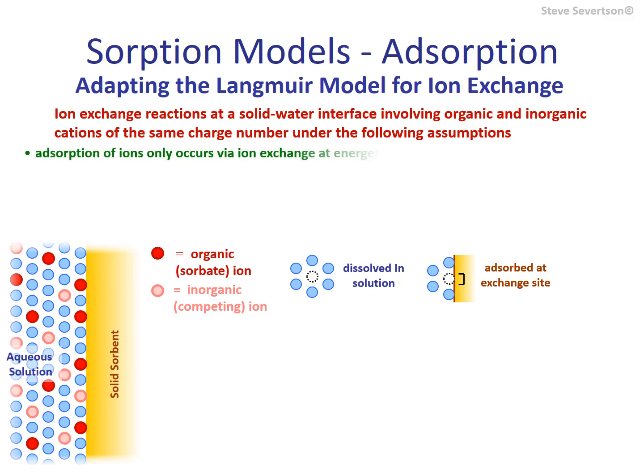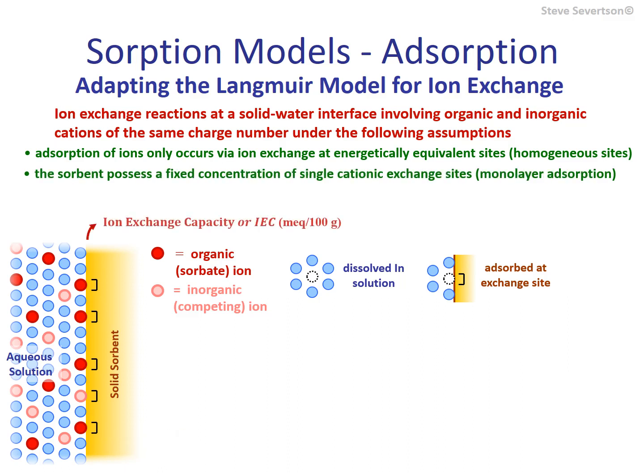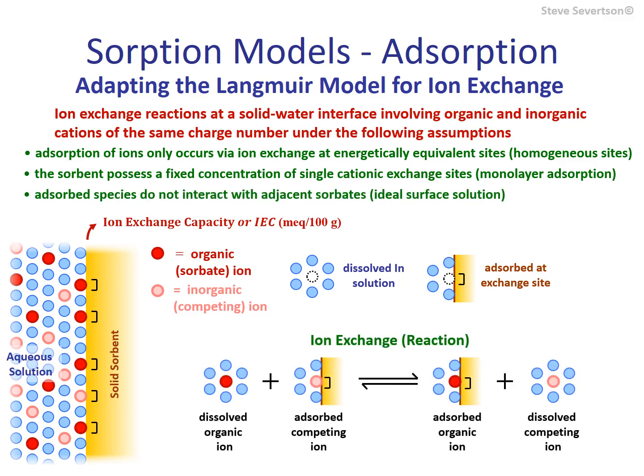The exchange process is associated with specific ion exchange sites, and the energetics are the same for all of these sites. The sorbent possesses a fixed concentration of ion exchange or adsorption sites, which we quantify with the sorbent's IEC. Finally, we again assume that the adsorbed species do not interact with the surrounding sorbates.